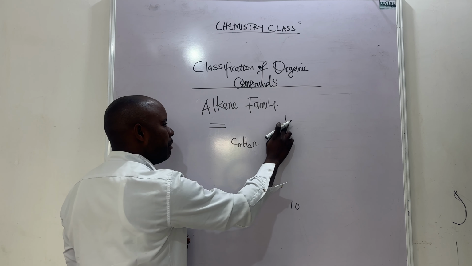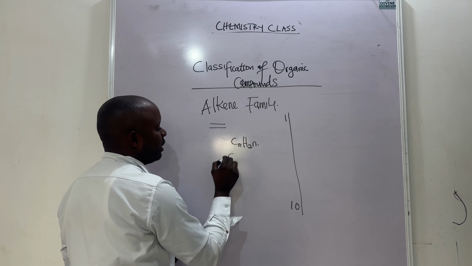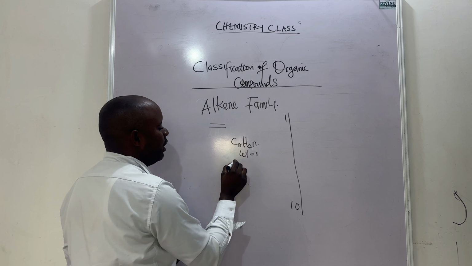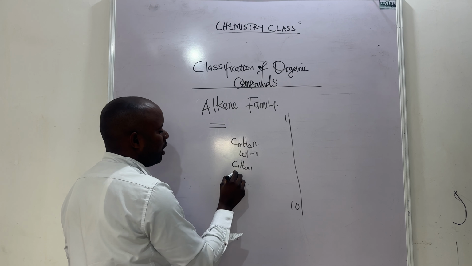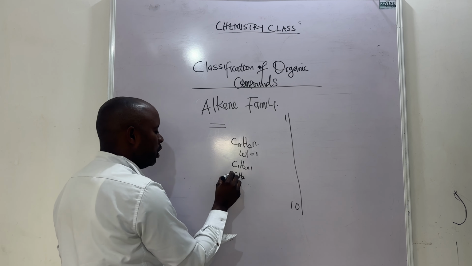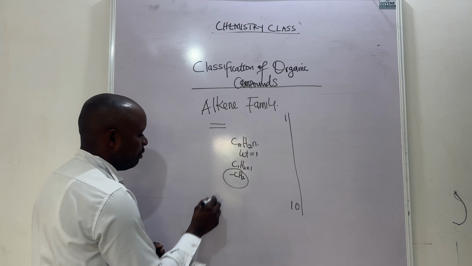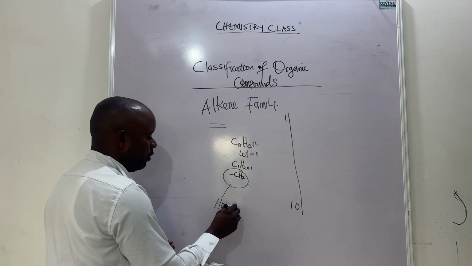If we say the first member is 1, let n equal 1. So we have C1 H2 times 1, and C is 1. This group, as we already said in our common terms, is known as a homologous series.